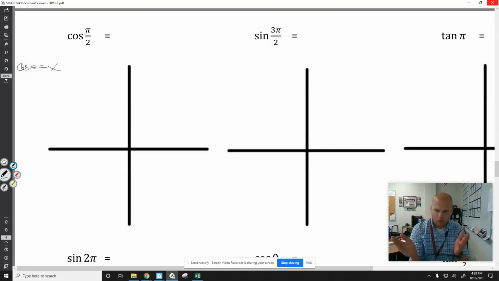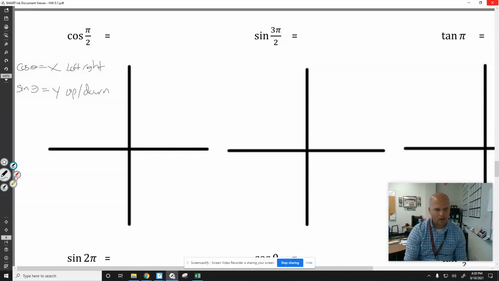How much do you go left or right? You could also think of it as the x coordinate of where you are located on the unit circle. I like to think about it as distances. Sine is always the y, the vertical distance, the up and down. The x is the left and right. The y is the up and down.